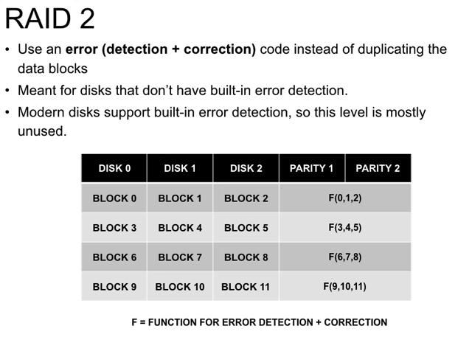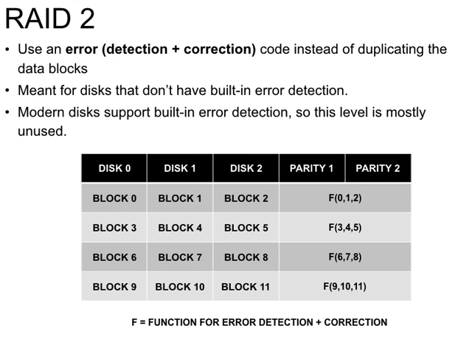So in RAID 2, we assume that the disks are unable to perform any error detection. What this means is that if some data on a disk is corrupted, then the disk controller is not able to tell. So we have to have software level mechanisms or firmware level mechanisms to detect the corruption of data or to detect the failure of a disk and to fix it.